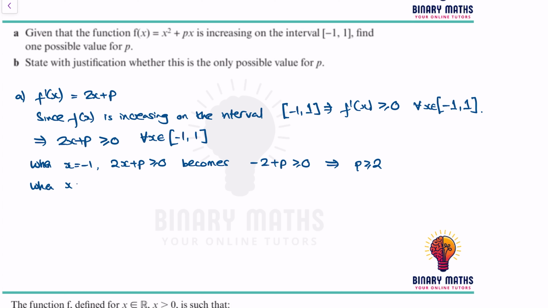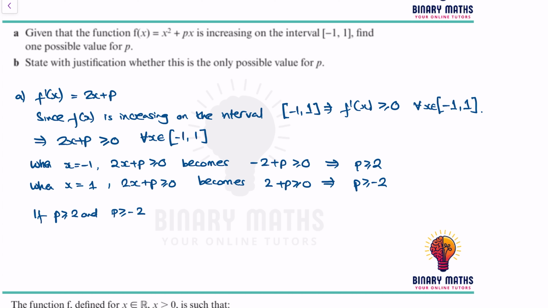When x is equal to 1, 2x plus p is greater than or equal to 0 becomes 2 plus p is greater than or equal to 0, which implies p is greater than or equal to negative 2. If p is greater than or equal to 2 and p is greater than or equal to negative 2, it implies p must always be greater than or equal to 2.